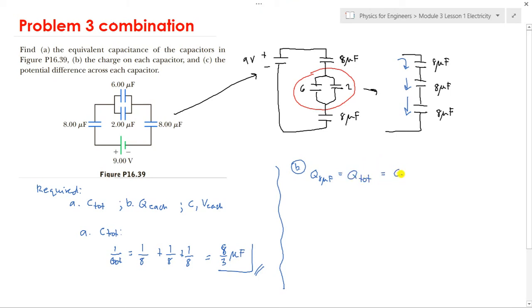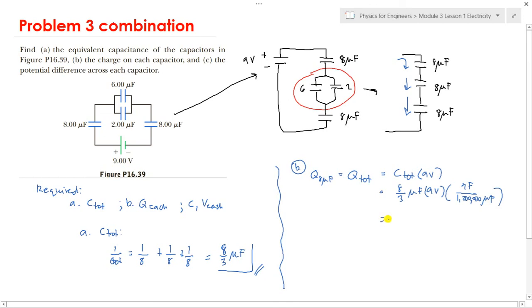Q total is equal to C total times the voltage source, that is 9 volts. So that would be 8 over 3 microfarad times 9 volts, multiplied by 1 farad over 1 million microfarad. So that would be 8 over 3 times 9 times 10 to the power negative 6.